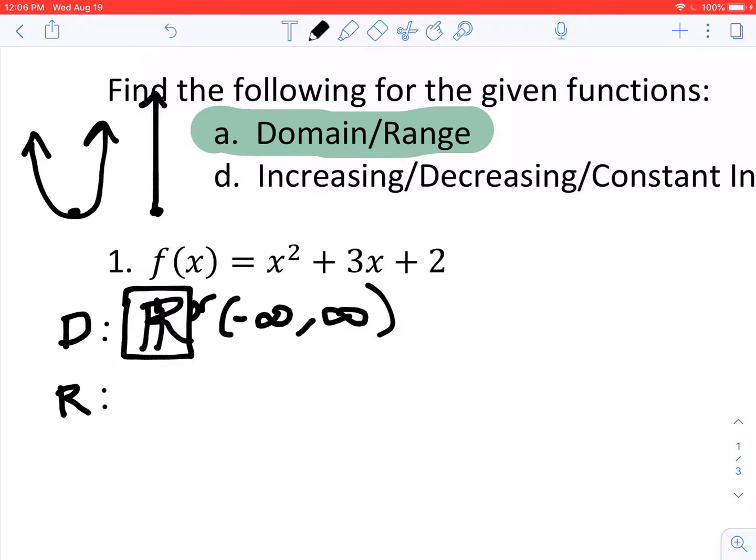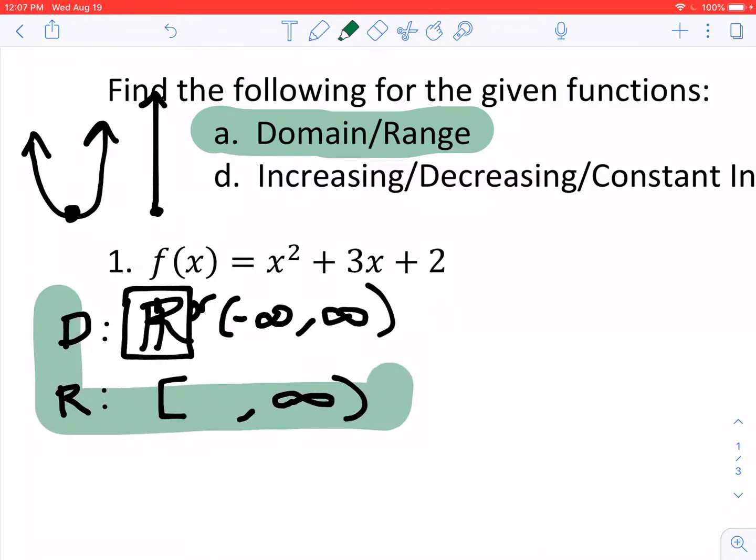So the range here is from whatever this low point is to infinity. We're going to have to take some time later to figure out what that low point is. So for now, we may leave that as kind of a question mark. What is this low point here? That we don't know, but we can find it later.